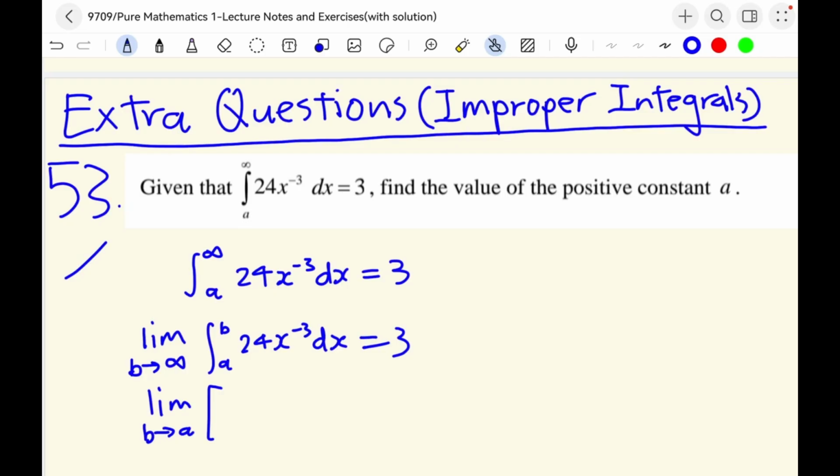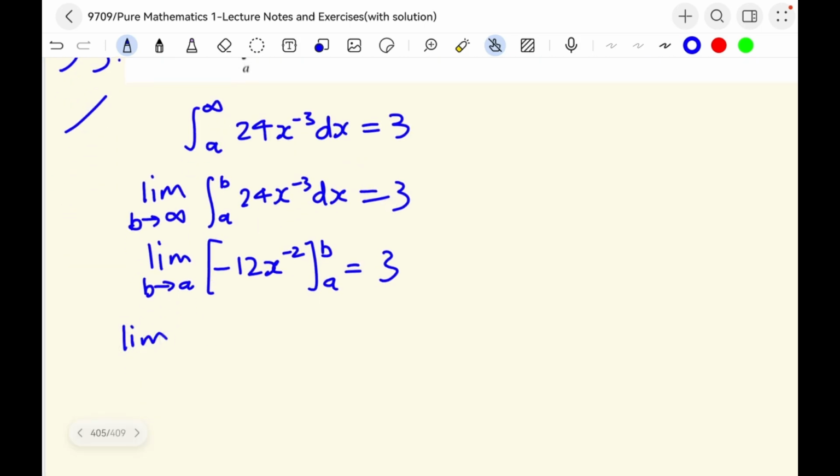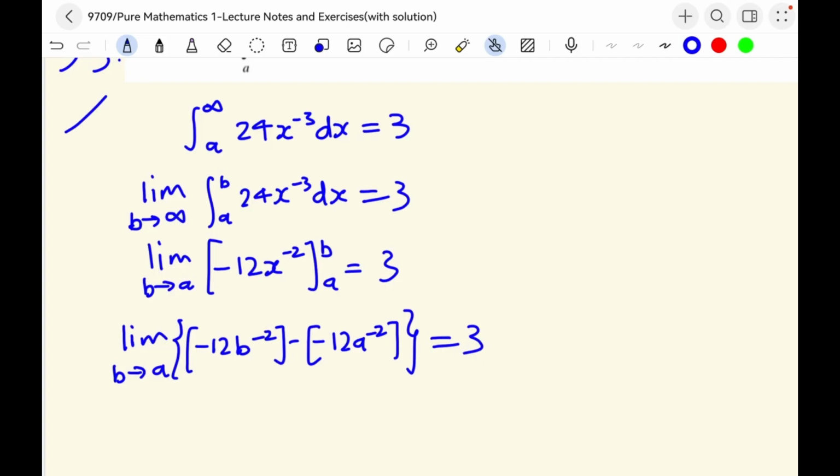This gives negative 12x to the power of negative 2, from a to b. So what we get is negative 12b to the power of negative 2, plus 12a to the power of negative 2.